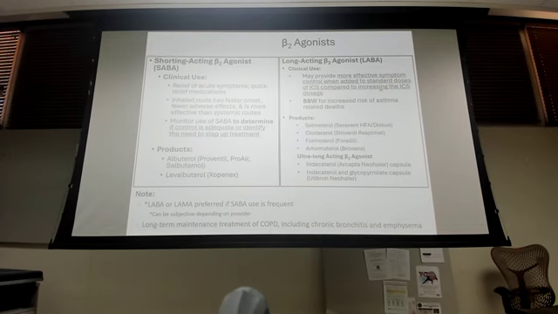You do see that there's a black box warning when we're talking about our LABAs, especially if somebody is having an asthma attack and they're trying to use a LABA for the asthma attack. Some of these do have very quick onsets, but they're not FDA approved to use for an exacerbation in COPD or in asthma.